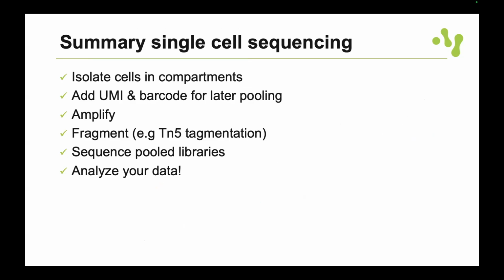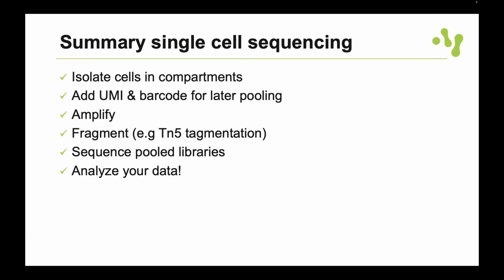So, a quick summary. To make single-cell RNA sequencing, you isolate the cells into a compartment. You add a UMI and barcode for later pooling. Then you amplify your cDNA to get sufficient product to actually read it with the sequencing.